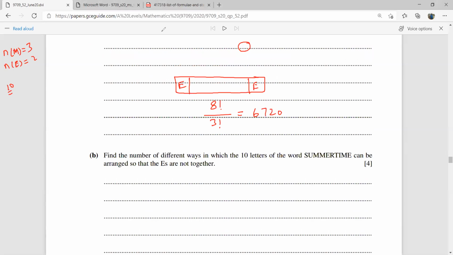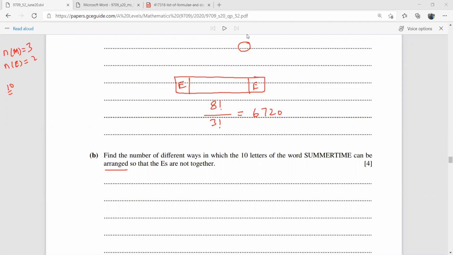Find the number of different ways in which the 10 letters of the word can be arranged. Remember this word arranged, that is for the NPR or for the factorial thing. So that E's are not together. One way of doing it is that you find the number of arrangements where E's are together. So you make both the 2 E's look like one thing.